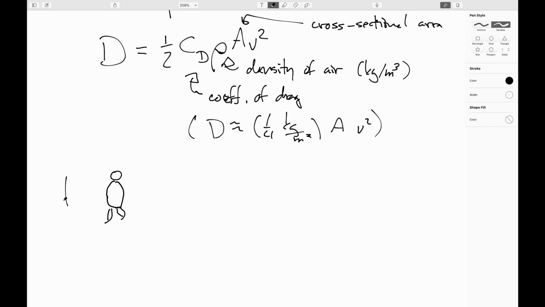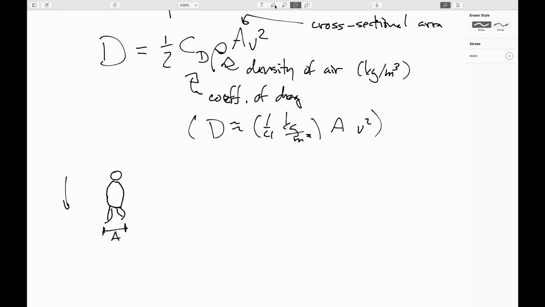And they're just falling through the air feet first like this. The cross-sectional area would be the area that if you put a light directly over them and had a piece of paper directly underneath them, would be the area of their shadow. So about that much right there would be their cross-sectional area.